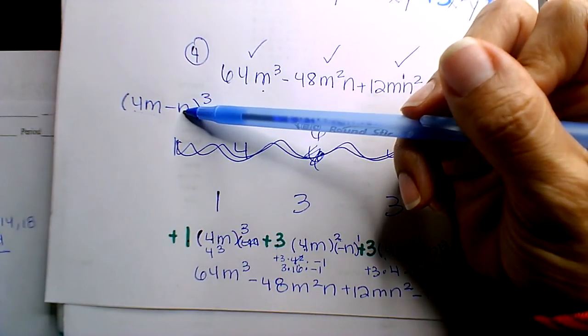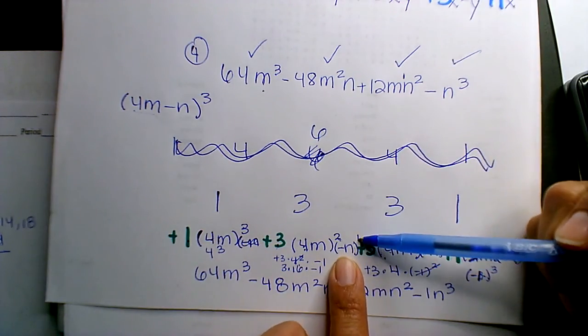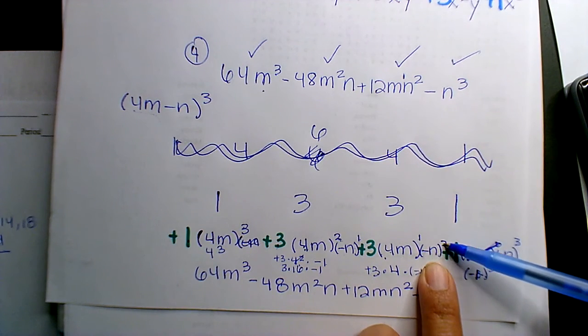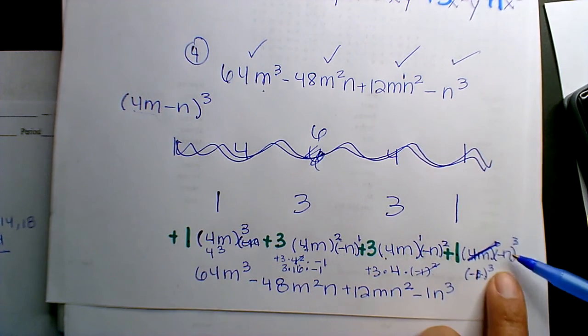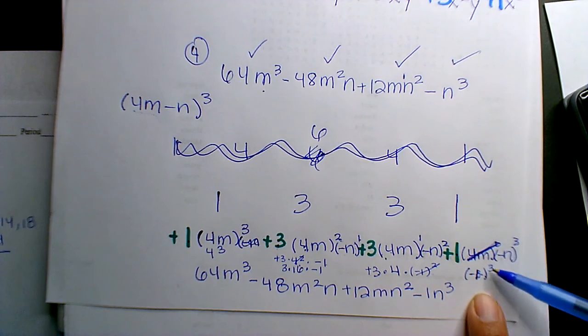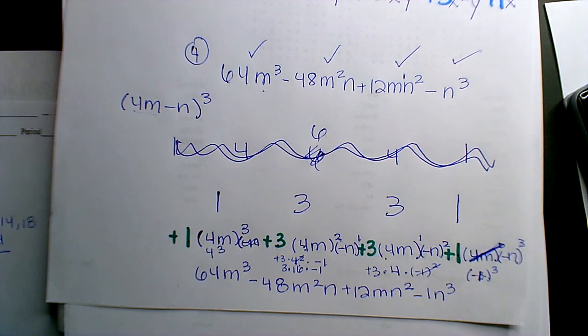This one happens to have a negative 1. So negative 1 to the first power is negative 1. Negative 1 n squared, that's negative 1 squared, so that's why it's a positive value. But negative 1 cubed is negative 1 times negative 1 times negative 1, a negative number. So you have to be careful with negative values. When it's odd, it'll stay negative. When it's even, it'll go positive.